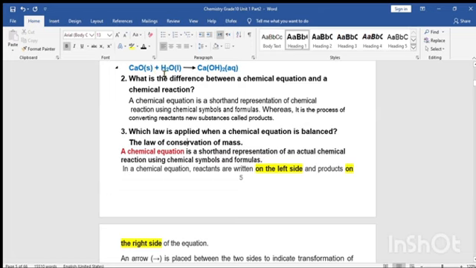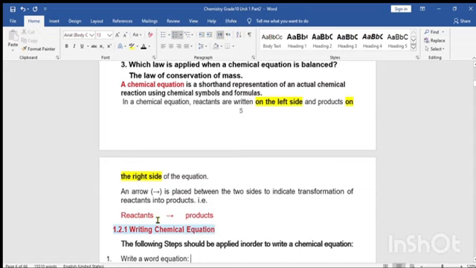This indicates direction from the left side to the right side. The idea can be easily grasped from this equation. It means reactants pass through the process of reaction into products.